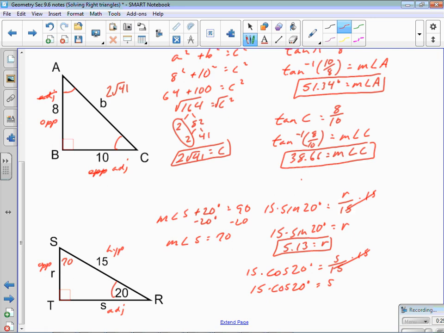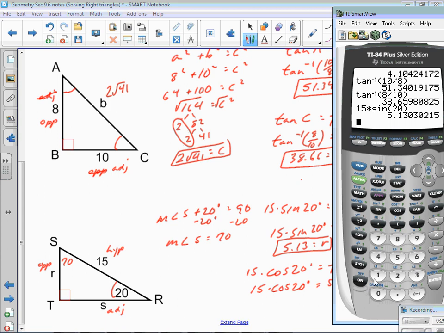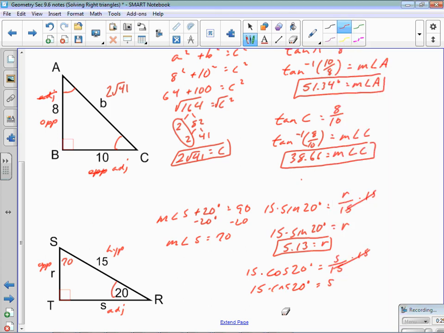So 15 times the cosine of 20 is 14.095, so 14.10. That's the side length.